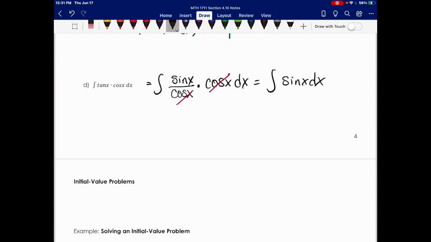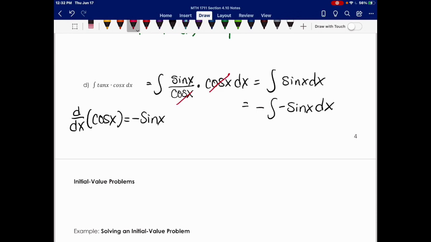So I'm working backwards. So look at your reference sheet and find what would give you sine x. Since I know that the derivative of cosine x is negative sine x, I can rewrite this integral with a double negative, so negative sine x dx.